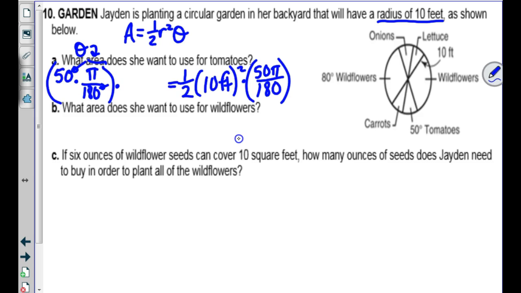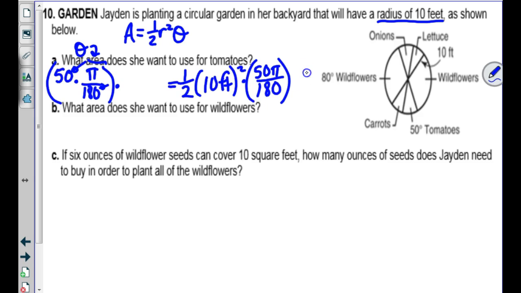Yep. So, yes. No, you should be fine as long as you use a long enough decimal. Okay. So 1/2 of 10 is 5, 250 over 18 times pi. Yep.